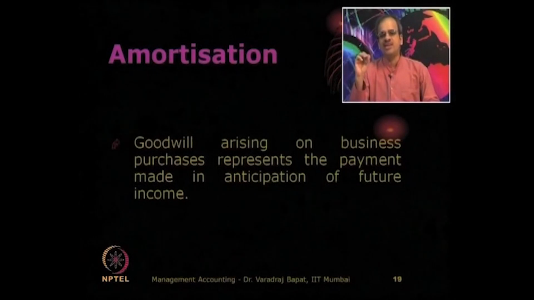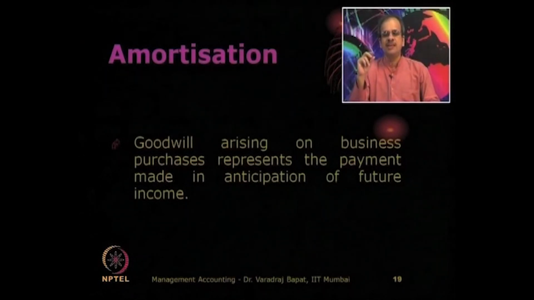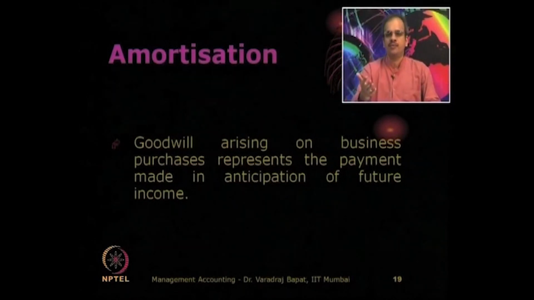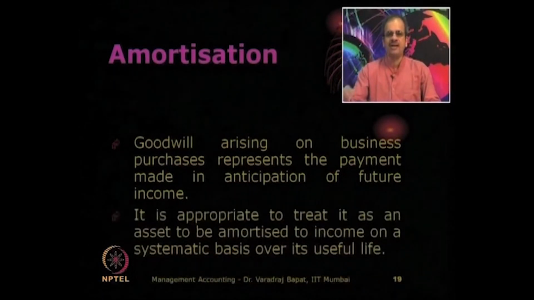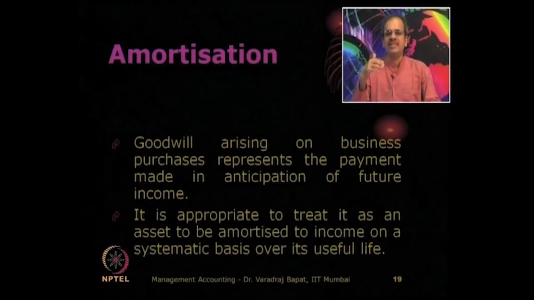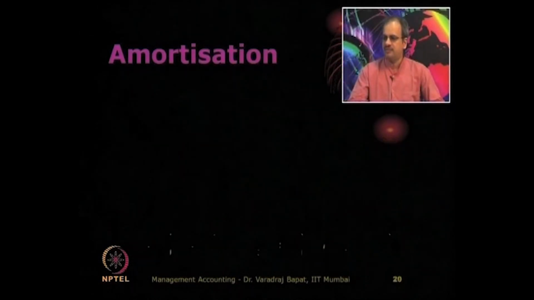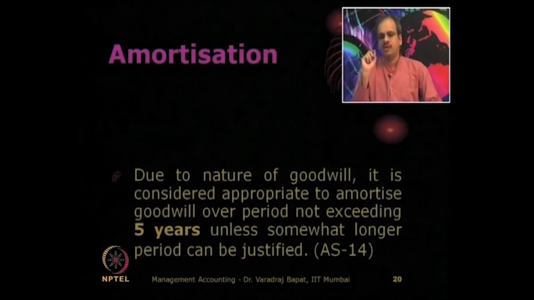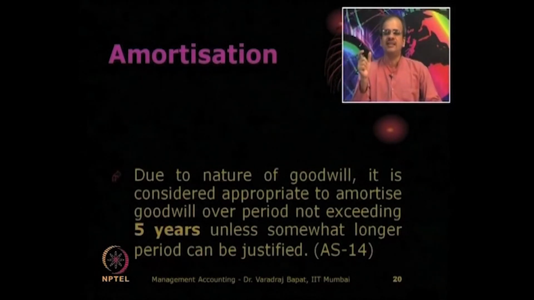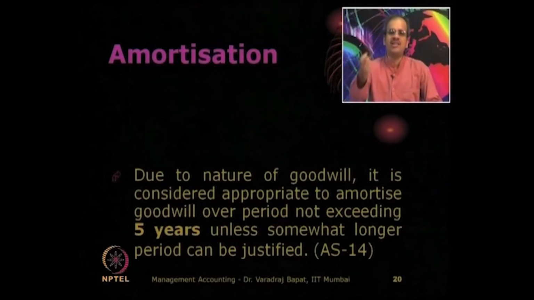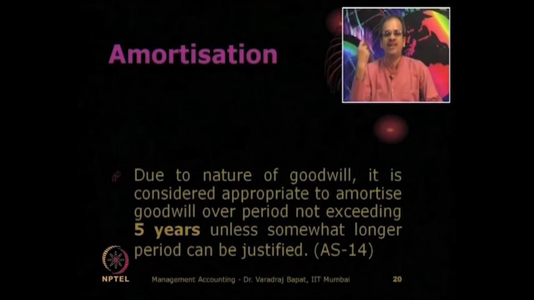Now, goodwill arising on business purchases represents the amount paid in anticipation of future income. So, as we estimate when we will receive income, in the same proportion it is logical to amortize it. Now, you cannot hope to make the business by using some other person's good name for a very long time.